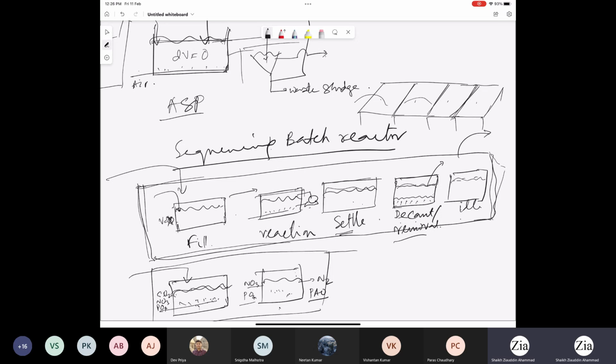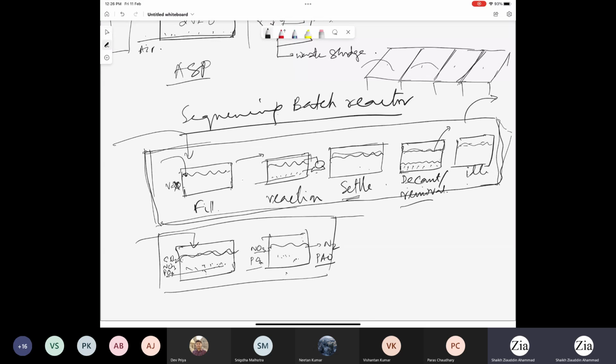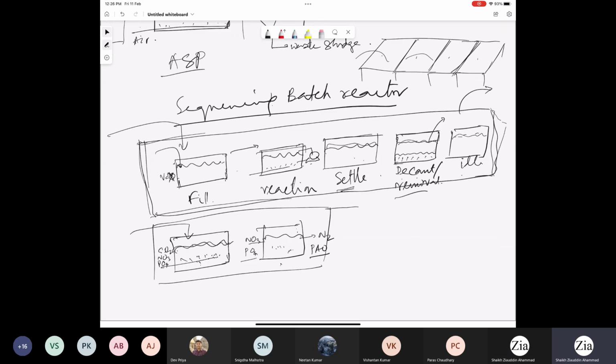Whenever they are exposed to anaerobic conditions, they take up the phosphate and store it inside the cell. Whenever they go to an aerobic environment, they release the phosphate to the environment. So sometimes for phosphate removal, you deliberately put the same bacteria in two different conditions, aerobic and anaerobic, to get rid of phosphate from the liquid system. So this is about your sequencing batch reactor.